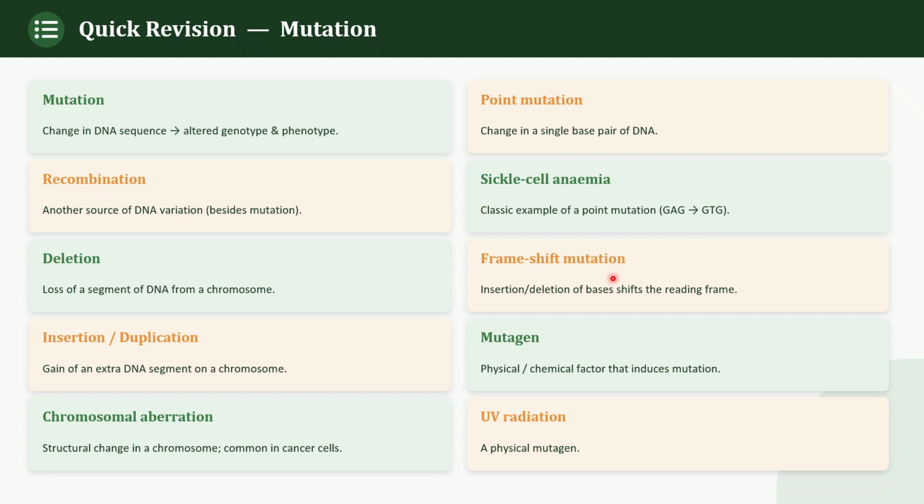A frame shift mutation occurs when bases are inserted or deleted, shifting the reading frame and altering all downstream codons, right? And then mutations can be induced by mutagens, which are physical or chemical agents. UV radiation is the important physical mutagen mentioned in your NCERT book.